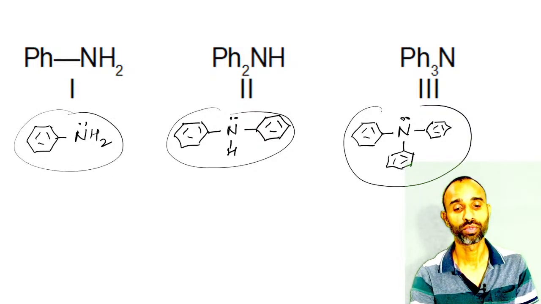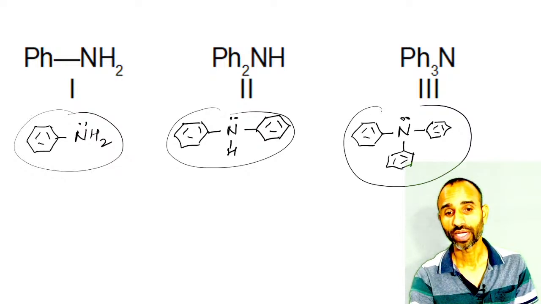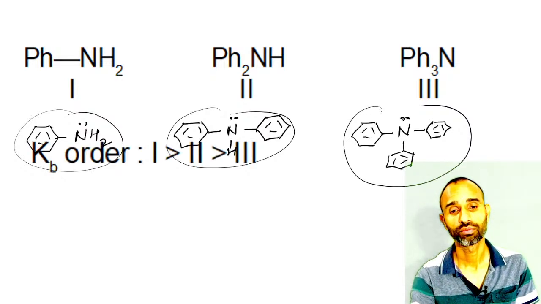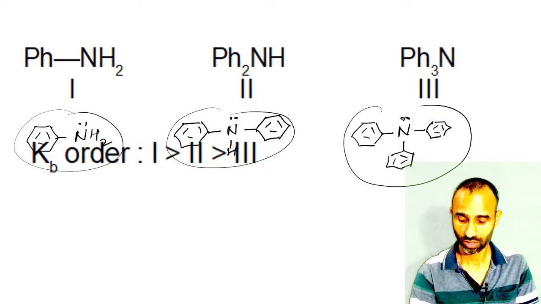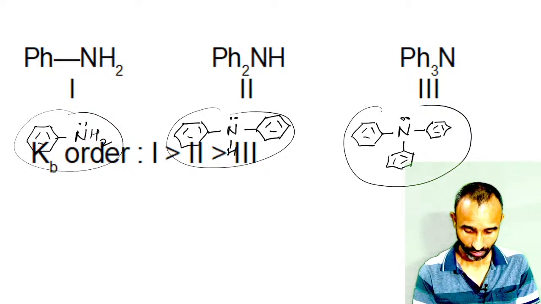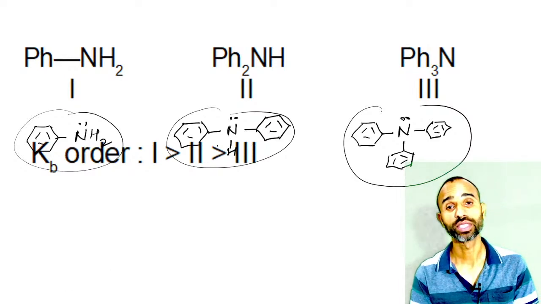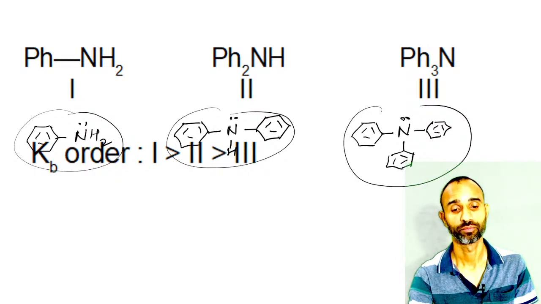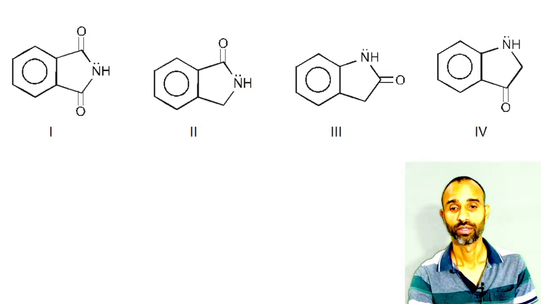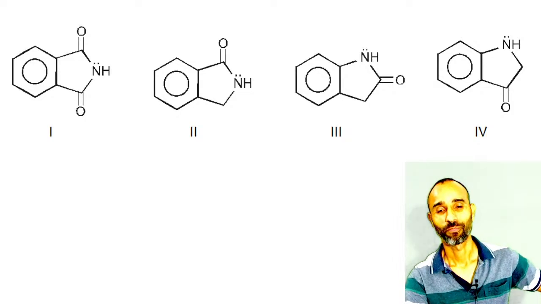So the lone pair is least involved in resonance in case of first. So that's why first is more basic than second. Second is more basic than third one.